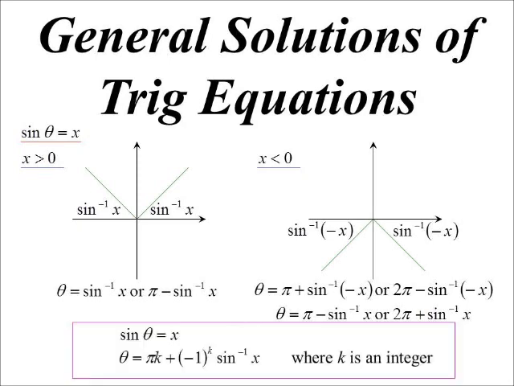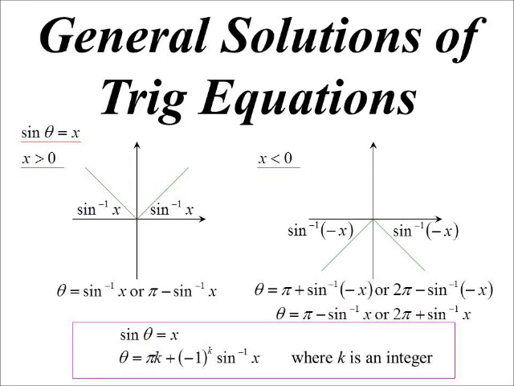So to generalize it, I can say, if sine theta is equal to x, theta is going to equal the inverse sine of x, but it's going to be pi k, and it's going to alternate from plus minus, plus minus. So it starts off, I've got positive inverse sine x. The next solution is pi minus inverse sine x.